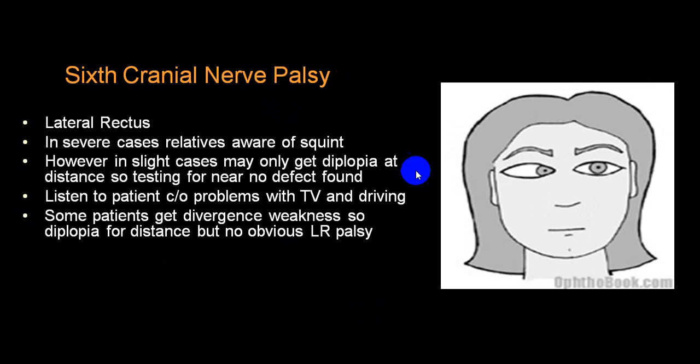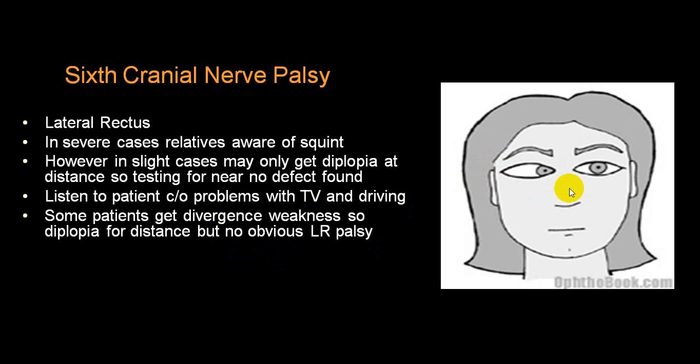While in a sixth cranial palsy, the eyeball will not be able to move laterally, so there will be adductor squint, and person will find difficulty in driving and looking at the TV, because he will have diplopia, particularly while looking laterally.